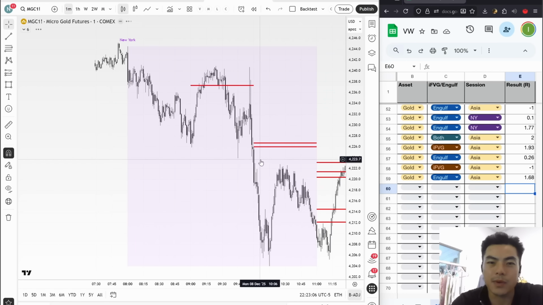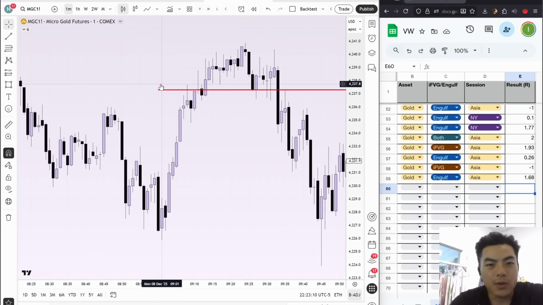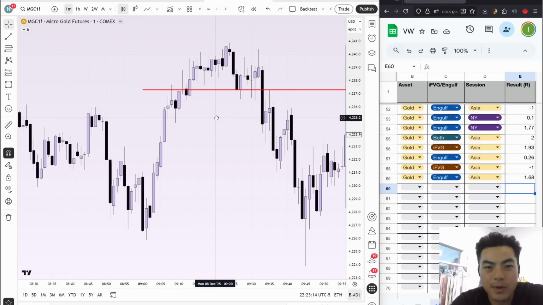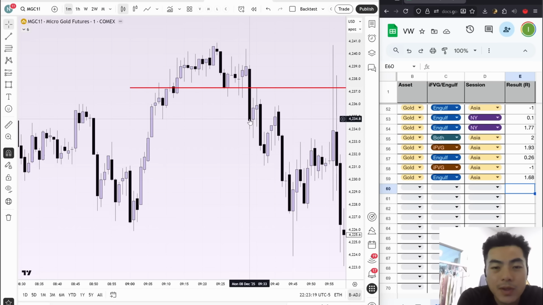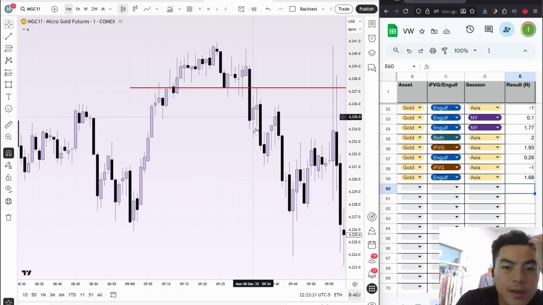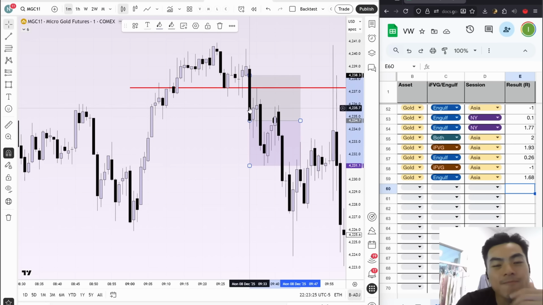Okay. Alright, here we go. New York, candle opens up here. Bang, bang, bang, bang, go up, go up, go up. Finally get it close back below here. So that would be your entry for a short. It is really far from the POI.